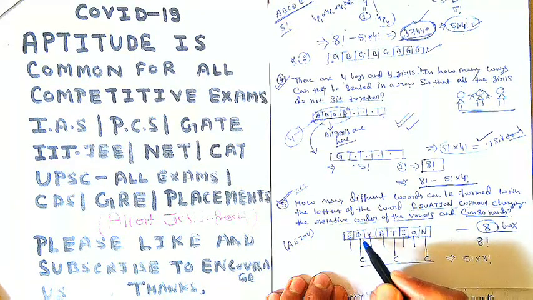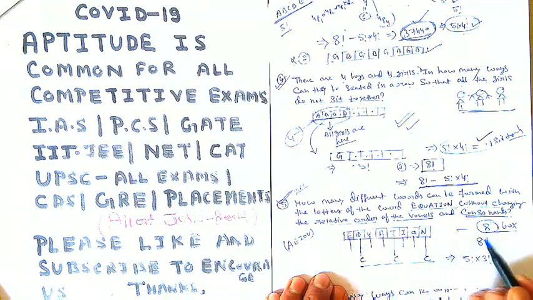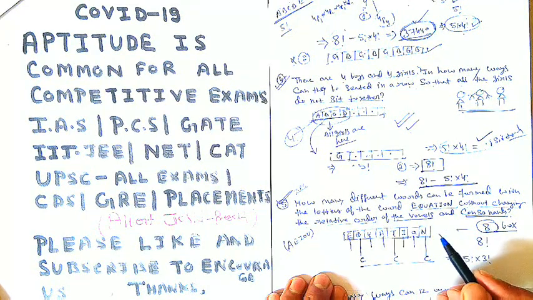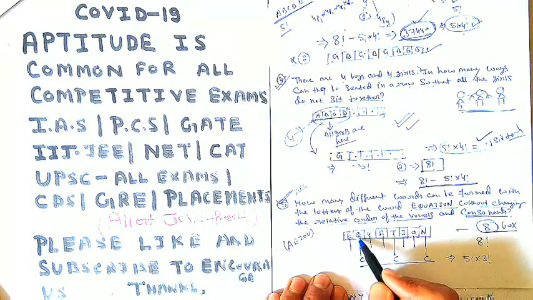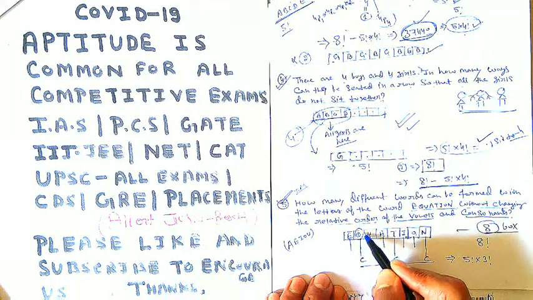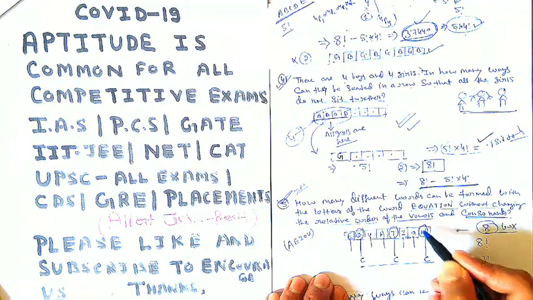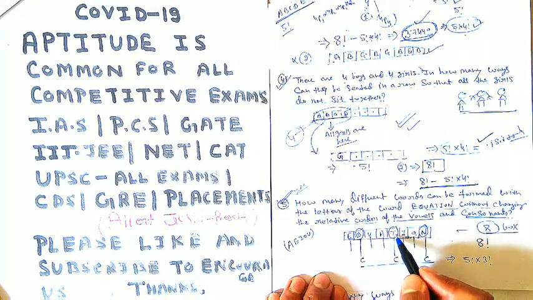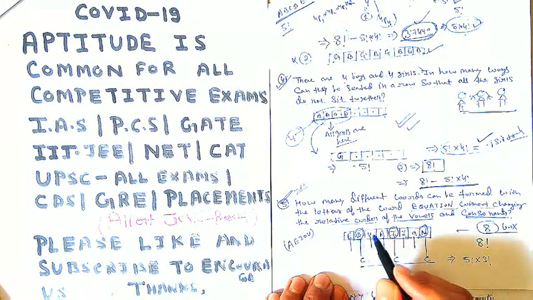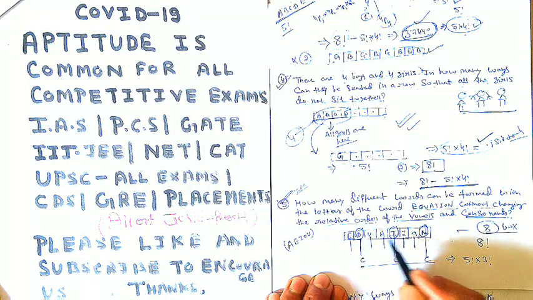How? These are the consonants. Q can come here, T can come here, N can come here. So these Q, T and N can be arranged.